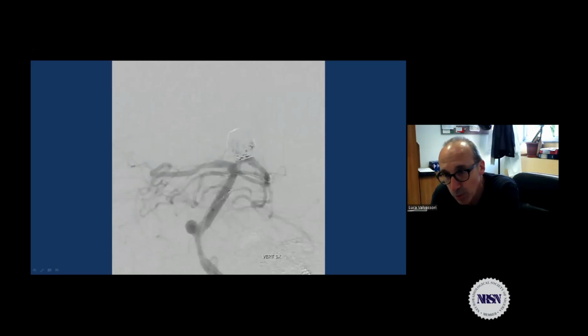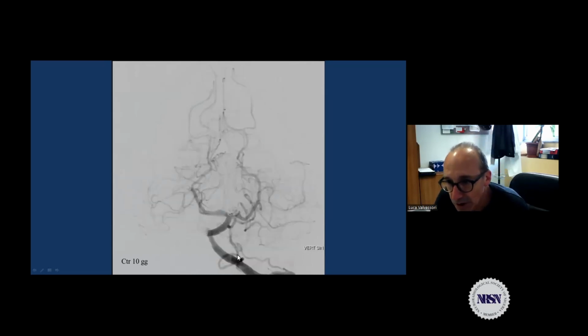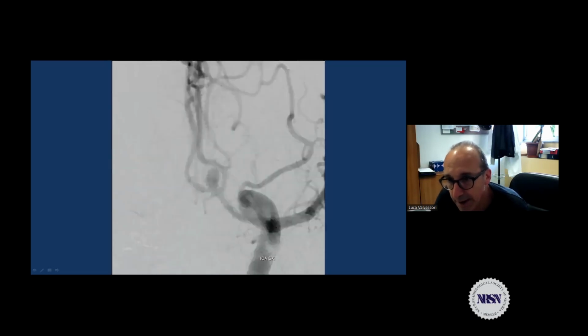And this is what we obtain, good filling with the coils, with a good cast, and still patency of the parent artery. And this is the angio control at 10 days. So this is a very good result.